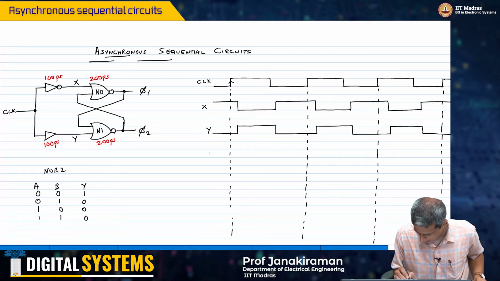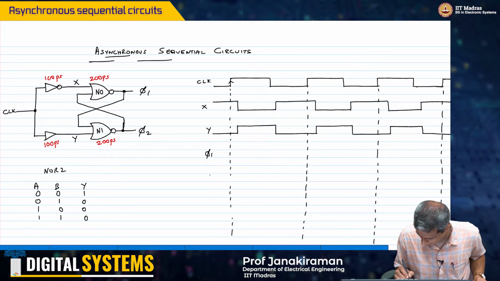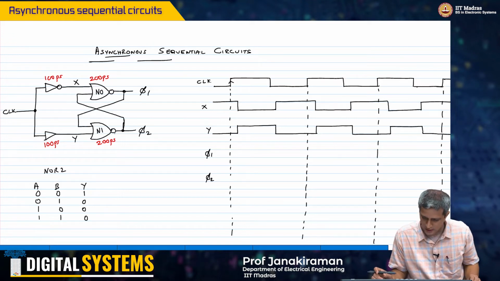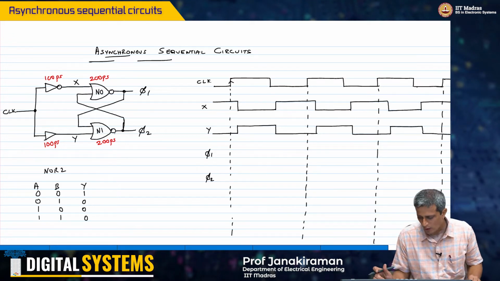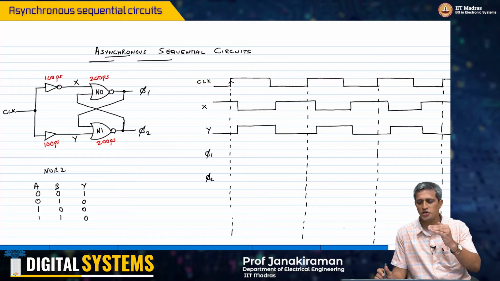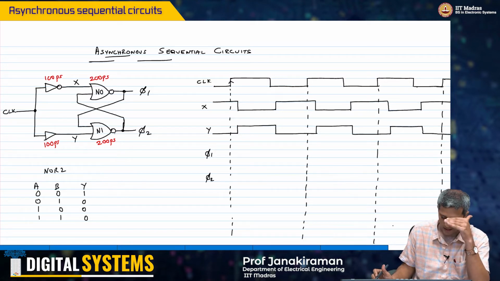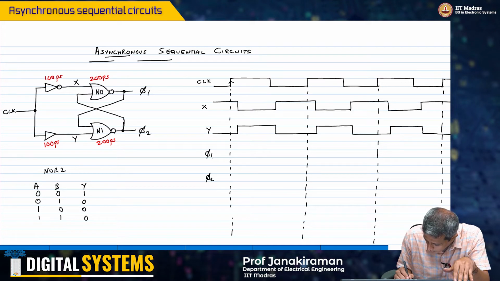Okay, now I am going to focus on generating phi 1 and phi 2, right? So let us look at how we can start analyzing this. So phi 1, for example, initially x starts off at logic high, right? If x is at logic high, then the output phi 1 has to be low, right?